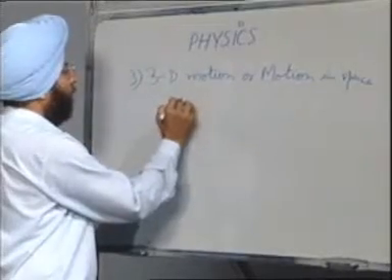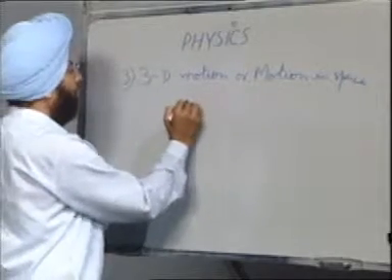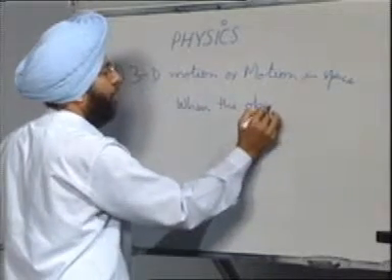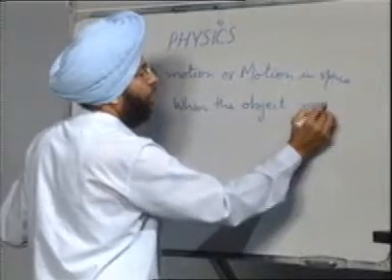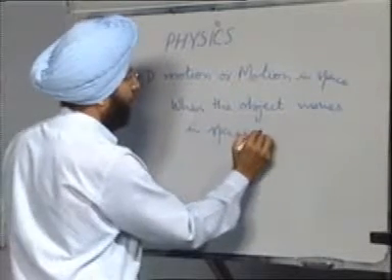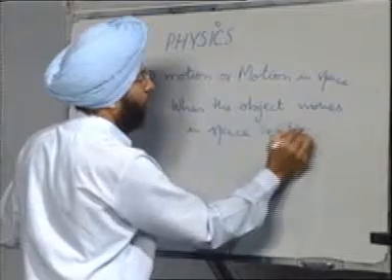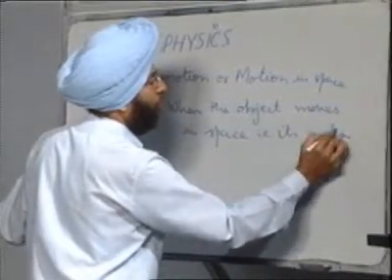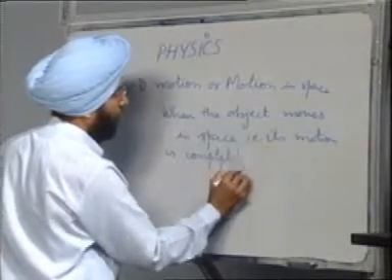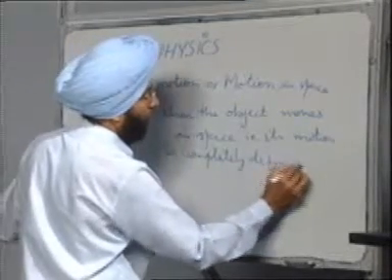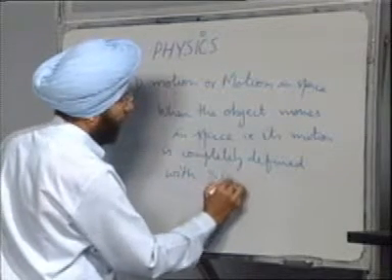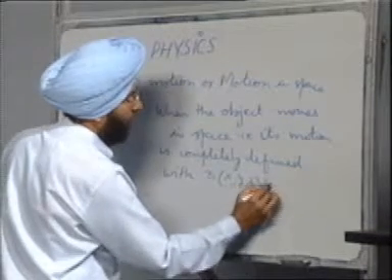This kind of motion we define as when the object moves in space, that is, its motion is completely defined with three coordinates: x, y, z coordinates.